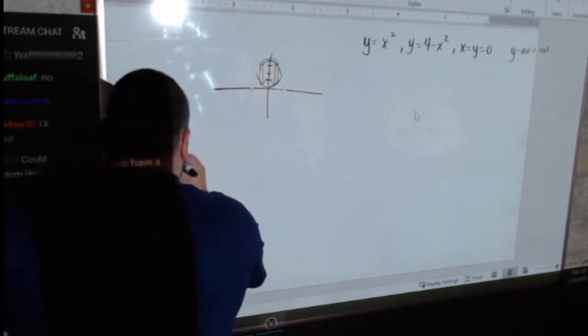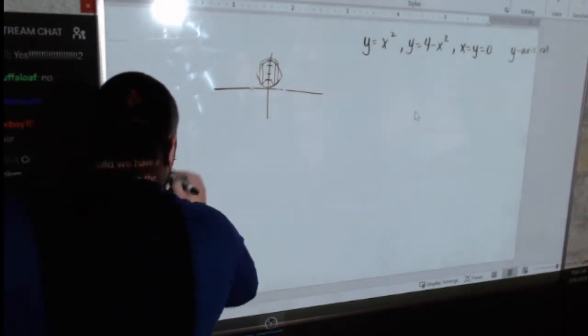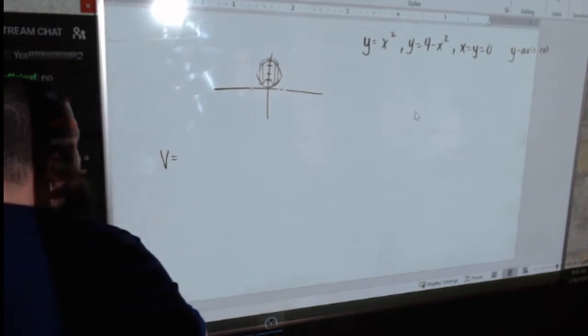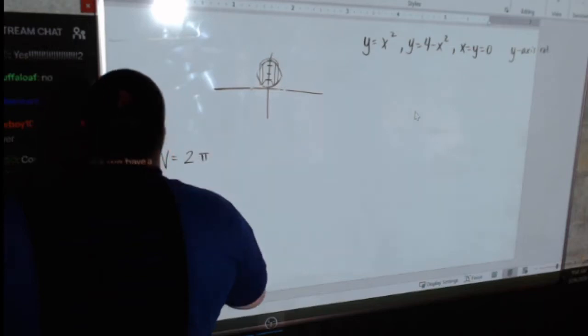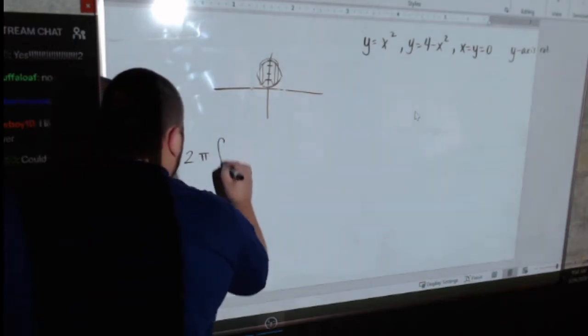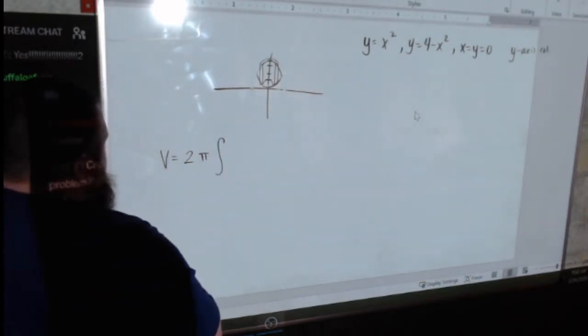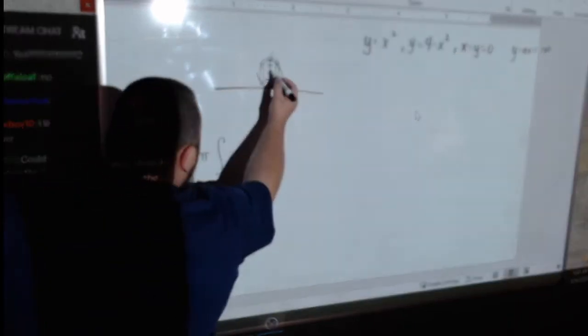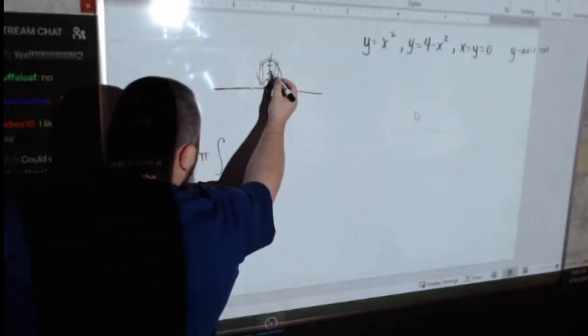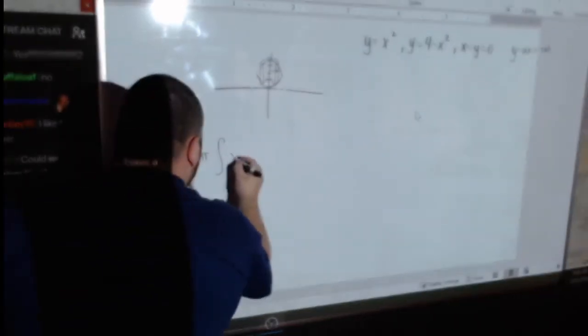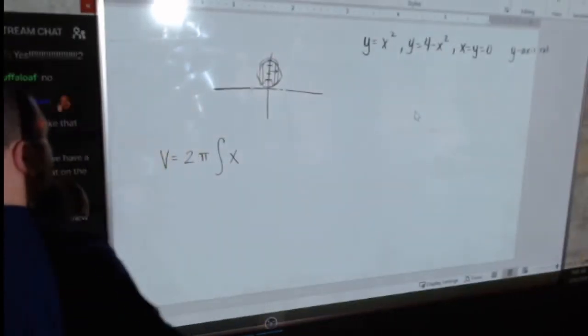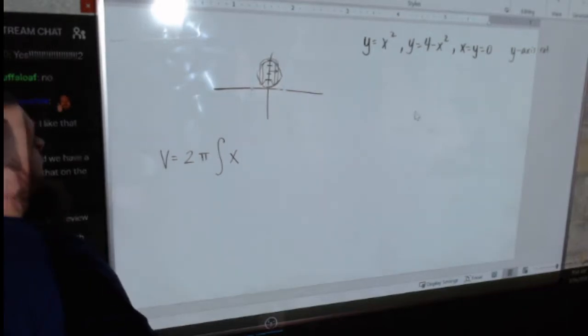Remember that for the volume for cylindrical shells, it's 2 pi integral. I need my radius, which is the distance from the axis of rotation to the slice. In this case, that's just x. And then I need the height of the function.